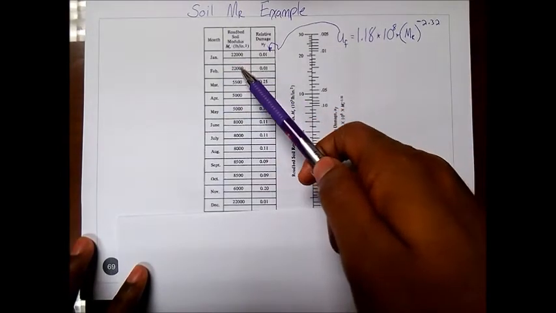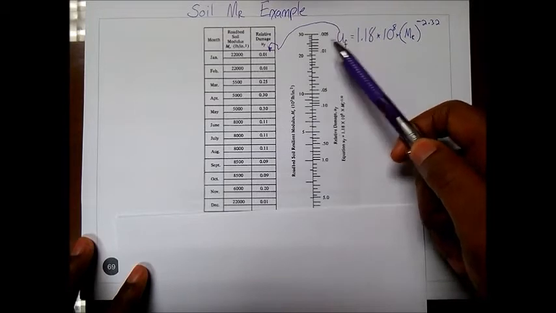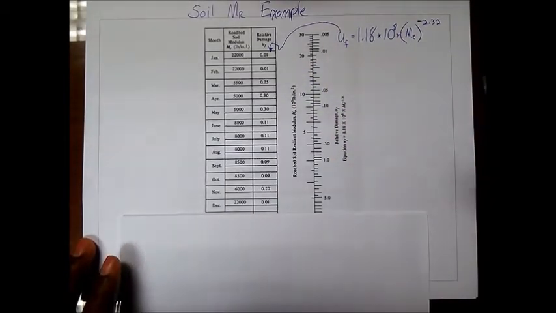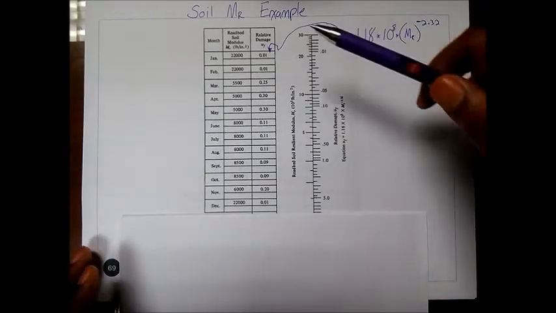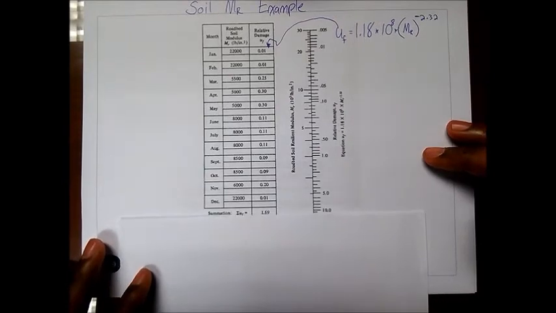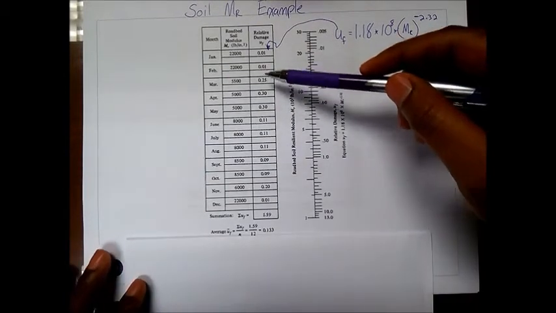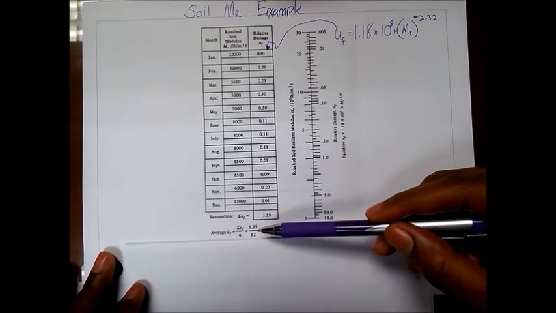So for February, all they did was place 22,000 into here, ended up getting a relative damage, and they placed it right next to it. Okay, so that's a way that we could figure out how the soil is damaged relative to each month. In the end, they took the average. So they took the summation of all of the months, and then they took the average.